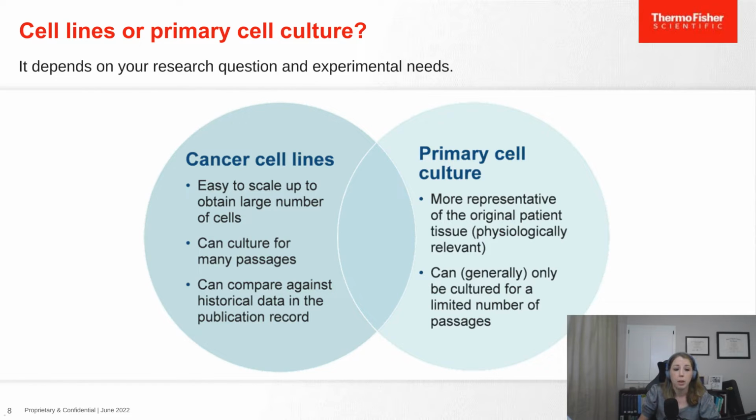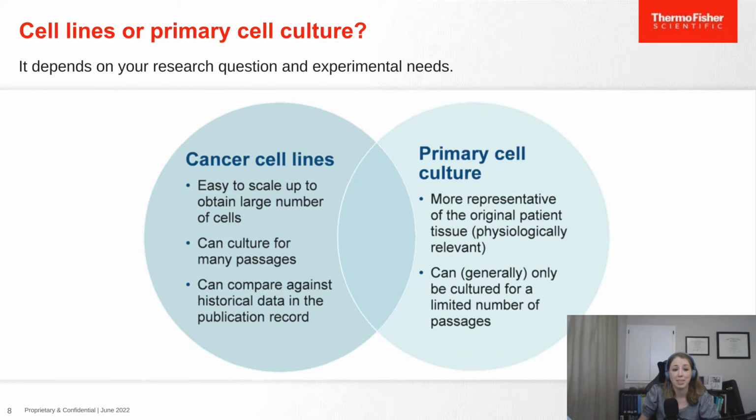However, the downside is that cancer cell lines, which have been in culture for decades, can be hypermutated as compared to freshly isolated tumor cells, and thus no longer represent the patient tumor from which they were derived. Primary cells, on the other hand, by definition, come straight from the patient tumor and are therefore far more physiologically relevant. The major con to using primary cells, however, is that generally they can only be cultured for short periods of time.